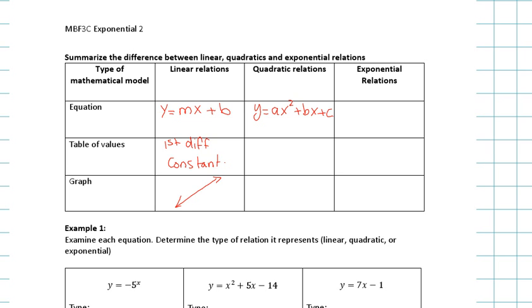Now, using a table of values, what would be constant? And what is the shape of the graph? Parabola. The U-shaped curve, or parabola.